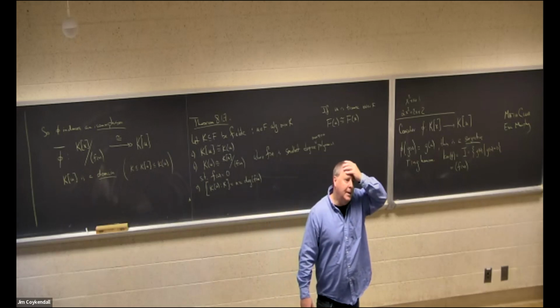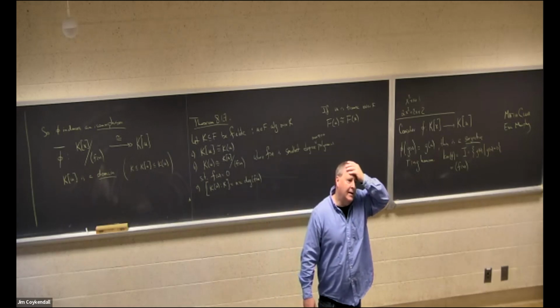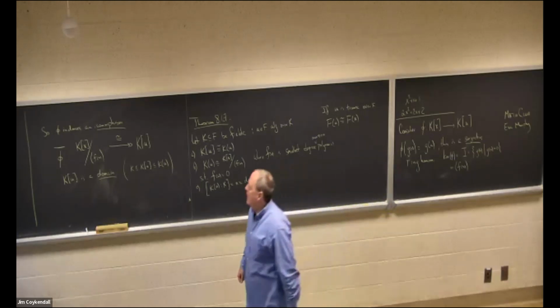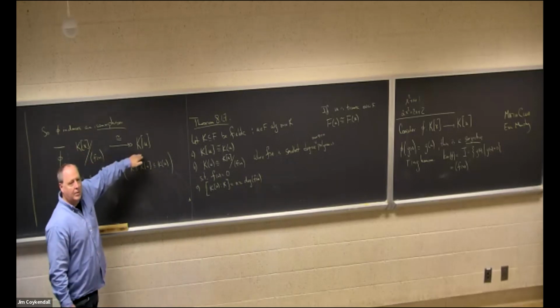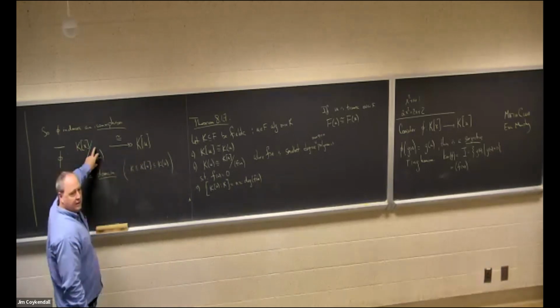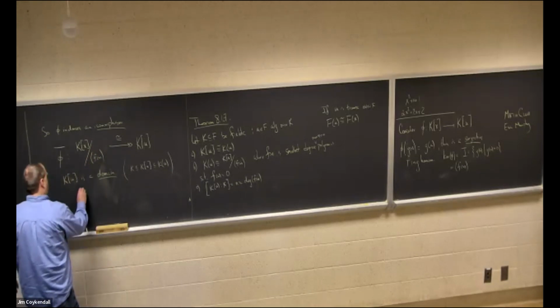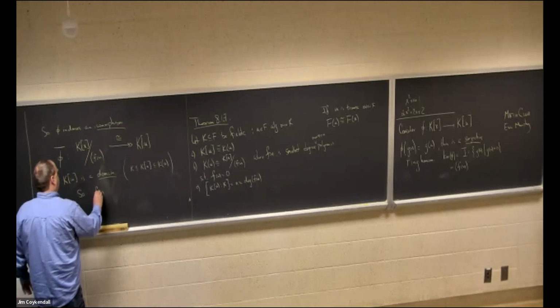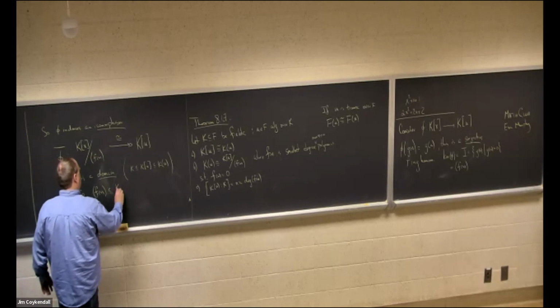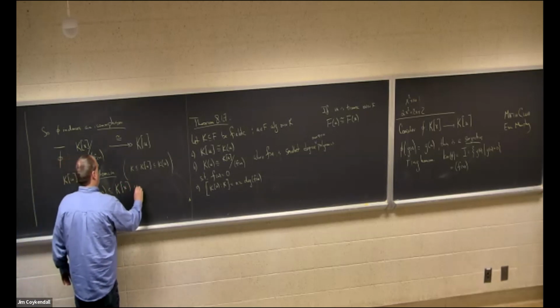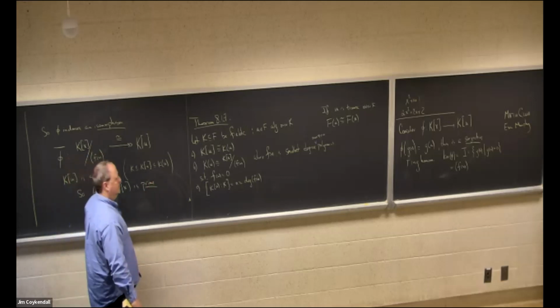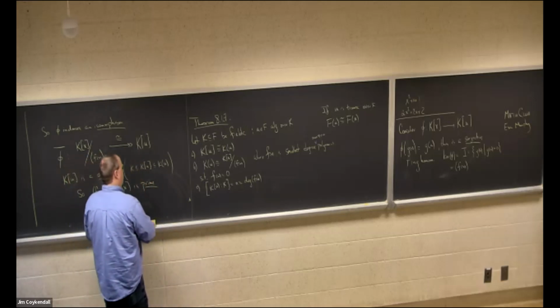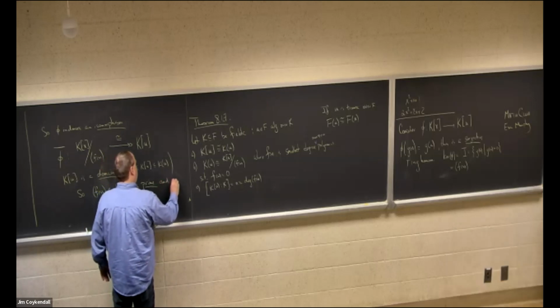So what does that mean about the status of the ideal generated by f of x? You have this thing mod this ideal is an integral domain. So what does that mean about this ideal? Right. So f of x in K[x] is prime and non-zero.